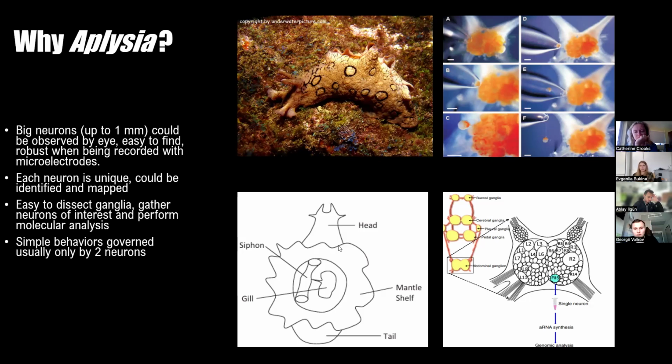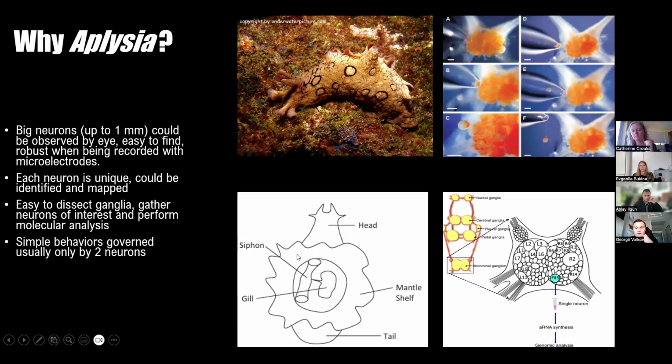So just a little bit about the anatomy that would be important for the discussion. Because it's a mollusk that lives on the bottom of the seas, it has a siphon by which it excretes food residues and water, and gills that are the organs of breathing for them.